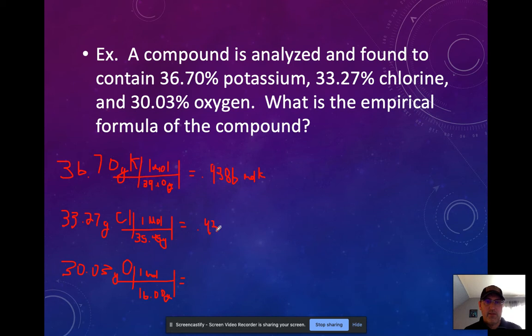A lot of times you'll see these be very close to the same thing because it means their ratios in the compound are exactly the same. Moles of Cl. And lastly, for O, 30.03 divided by 16, you get 1.877.